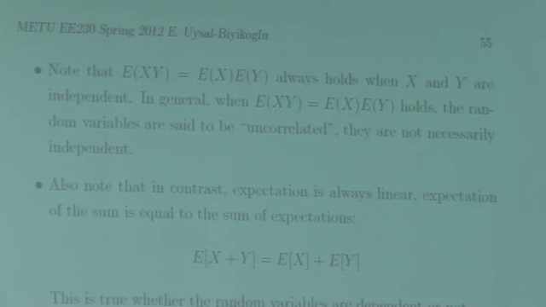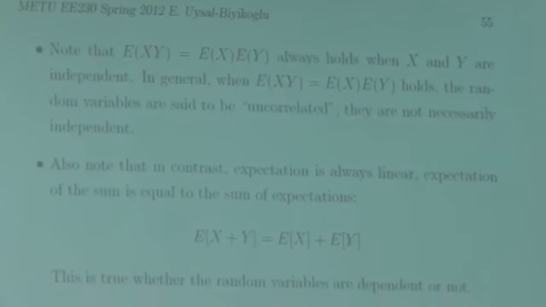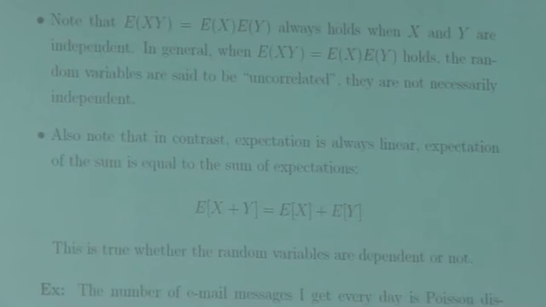Now, we said that variance is not linear in general, and variance of the sum of random variables is not in general equal to the sum of variances. But remember that expectation is always linear, and this does not need any other conditions like independence.